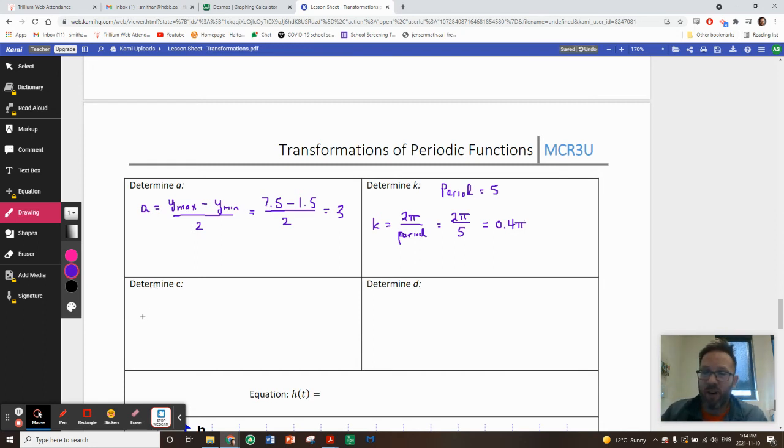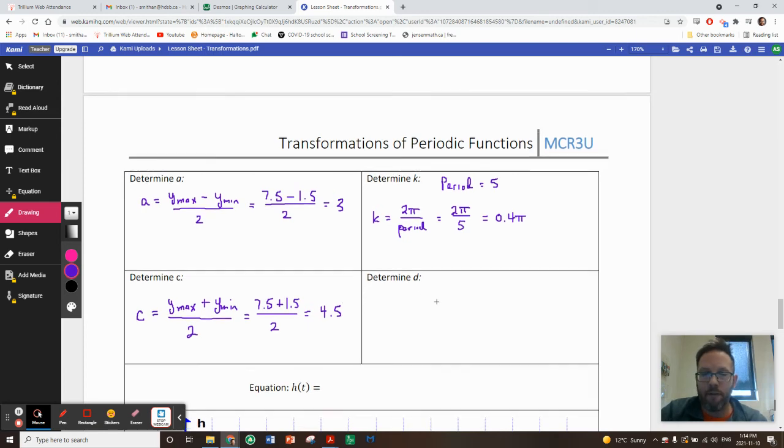Determine C. So where's the axis? So if you couldn't do the mental math about what halfway between the highest and lowest is, that's okay. Just find the average of the max and min values. Add them, divide by 2. Y max plus y min divided by 2. Nine divided by 2, 4.5.